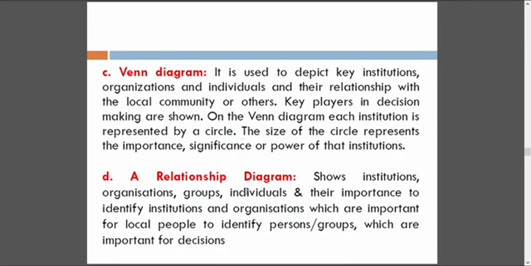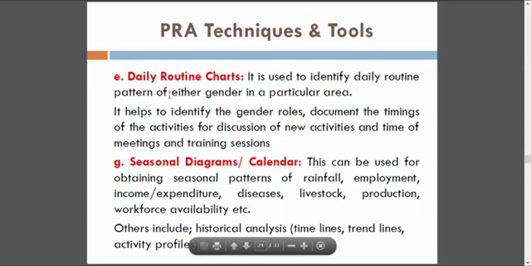Then we also have relationship diagrams, and these show the importance of given institutions, organizations, groups, individuals within a community. Okay, we have daily routine charts, and these are used to identify daily routine patterns of either gender in a particular area.